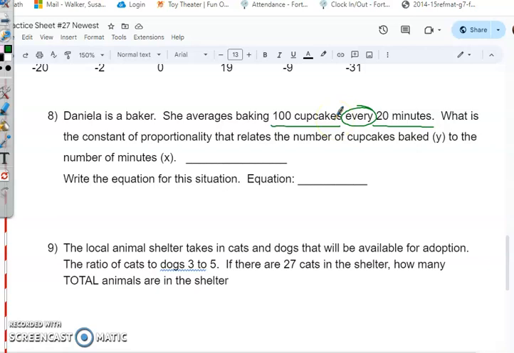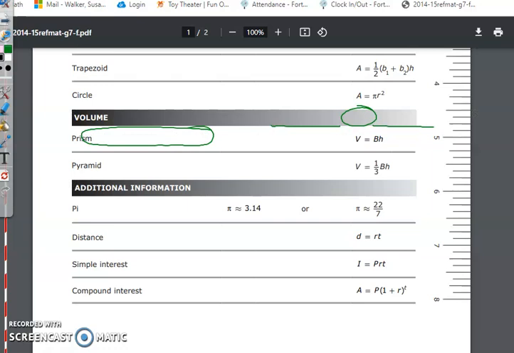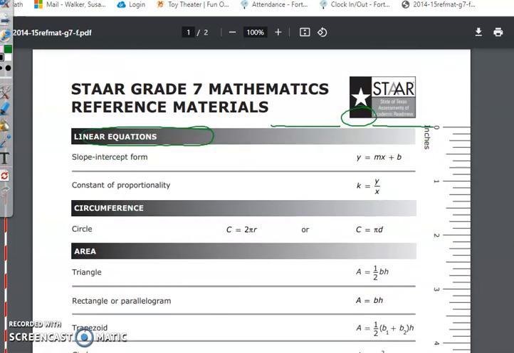What is the constant of proportionality that relates the number of cupcakes baked Y to the number of minutes X? Again, guys, this is 2 parts. You should be pulling this out of the problem. Constant of proportionality, okay? It will be on your formula chart. Constant of proportionality is K equals Y over X, okay?